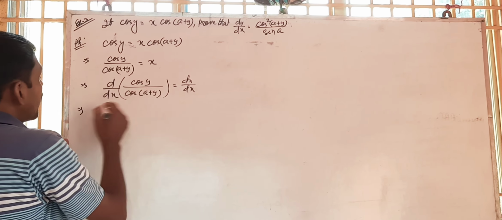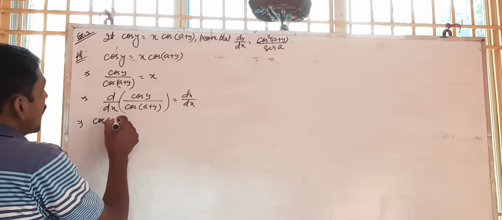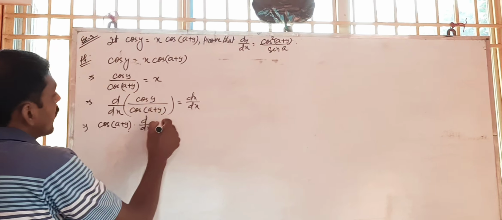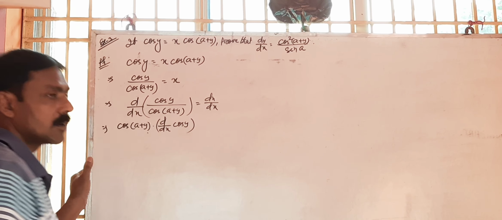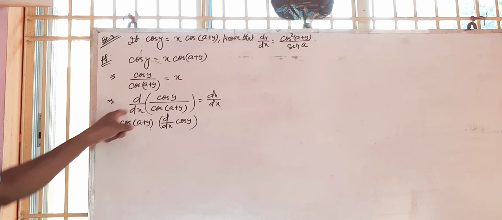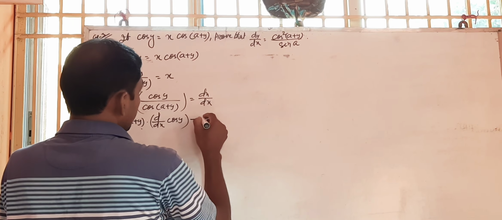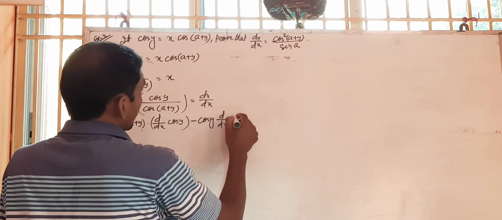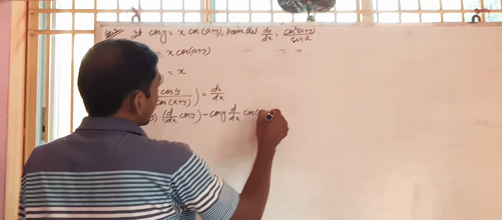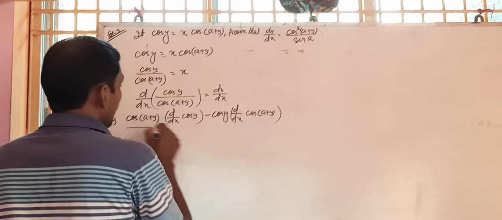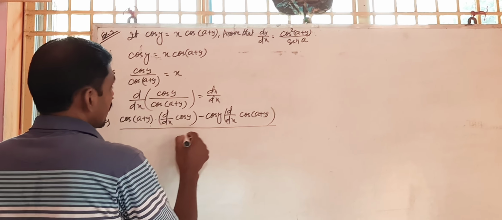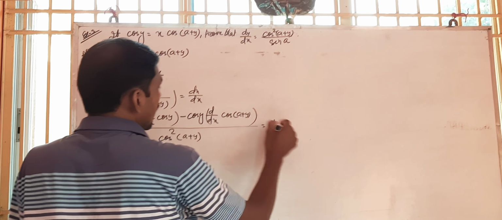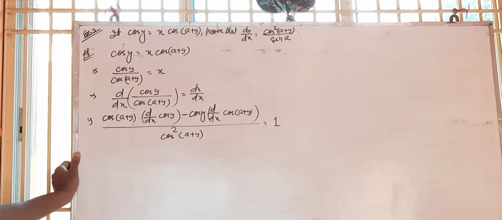So first derivative of numerator into denominator, so cos a plus y into d by dx of cos y, derivative of numerator into denominator minus numerator into derivative of denominator, whole divided by square of the denominator, equal to the right hand side, which will be 1, dx by dx.